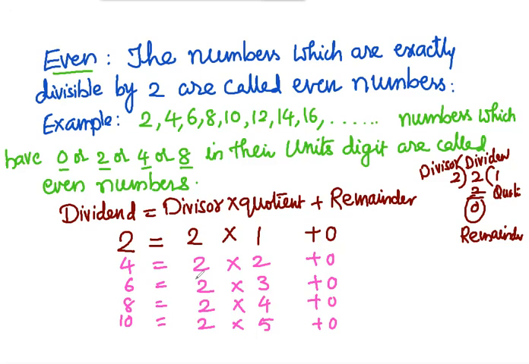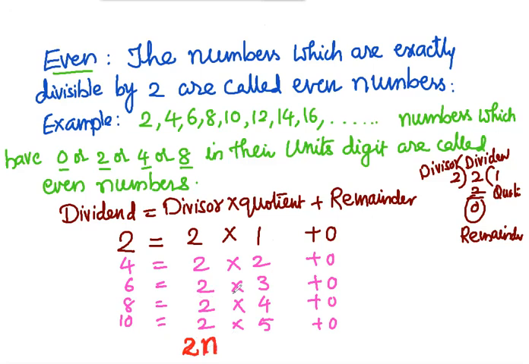So we can write the first factor as it is. And for the second factor, which is variable, we can take any variable in the place of this number, say n or m or any letter. The remainder is already 0, no need to write it. So any even number is in the pattern 2n.